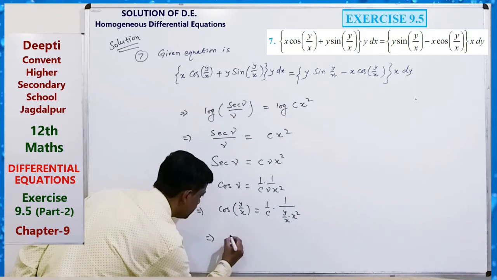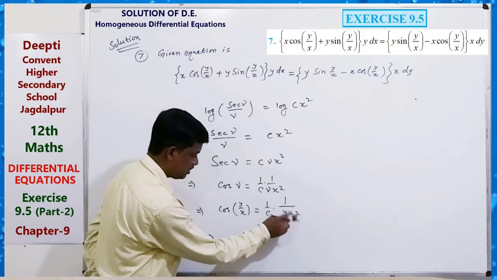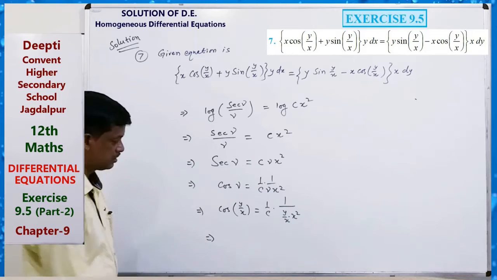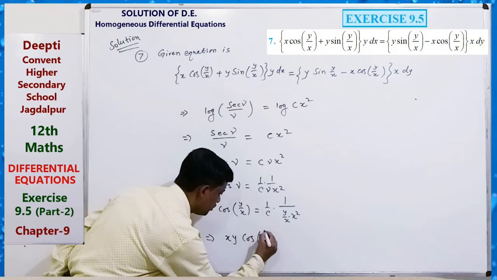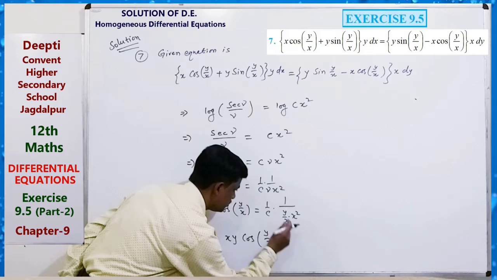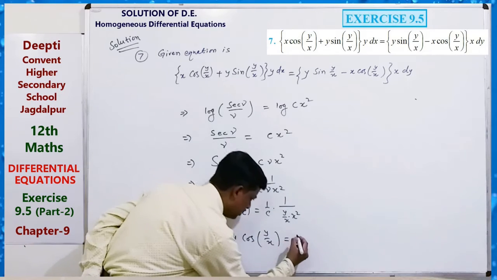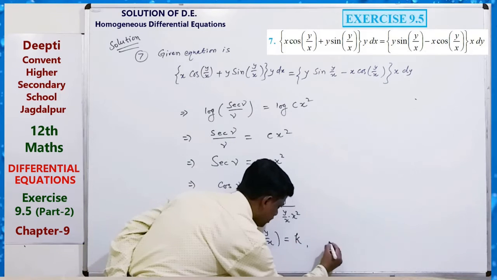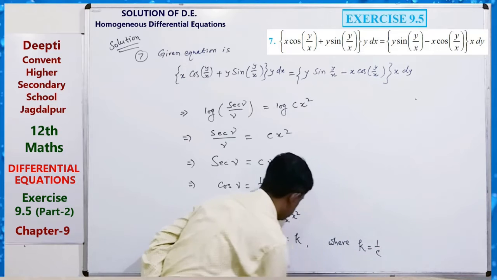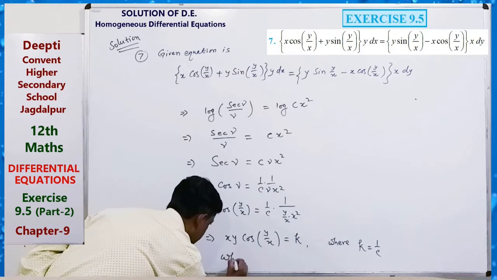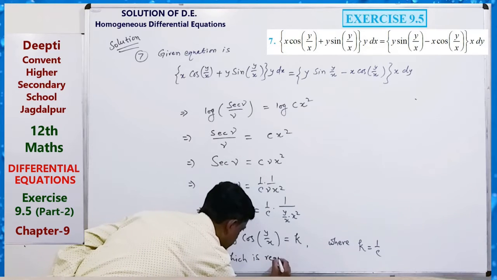So you can write here, one x cancels, so xy cos of y by x equals 1 by c. We can write the constant k, where k equals 1 by c, which is the required solution.